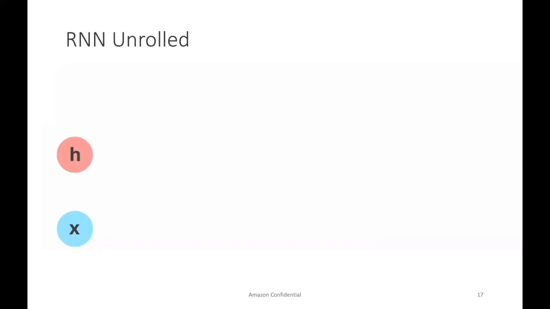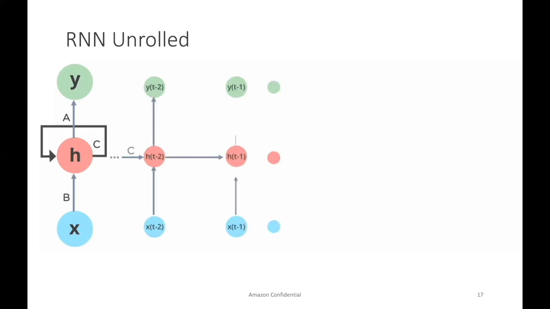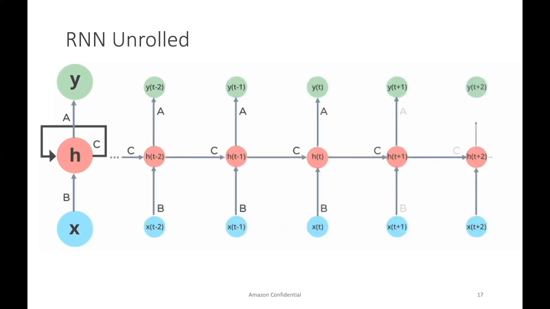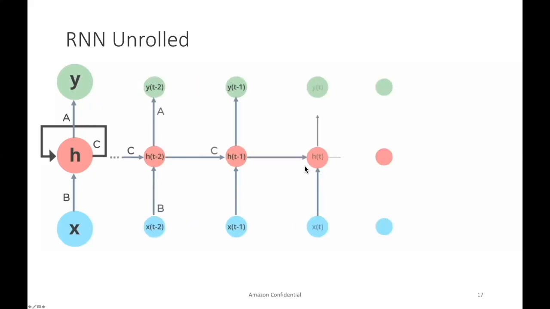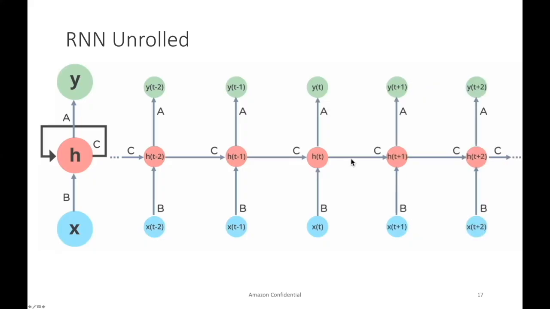So let's visualize the unrolling once again. As you can see, this keeps repeating continuously over each time step, right? So the RNN itself remains the same, only the hidden state and the data change. The RNN keeps remaining the same, but the data and the hidden state change and go to the next step.